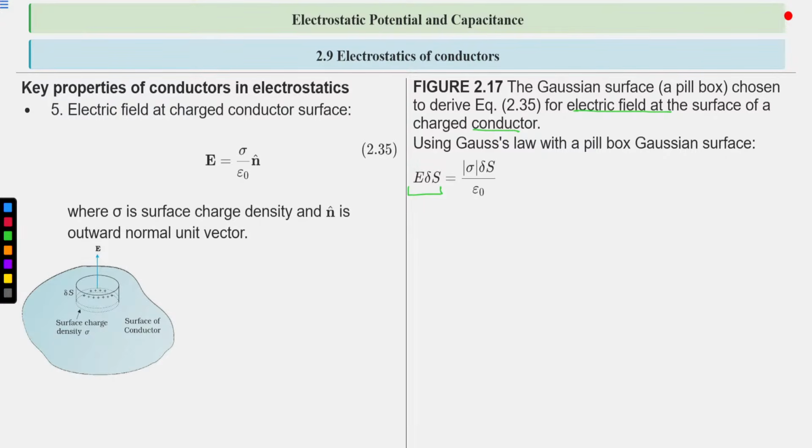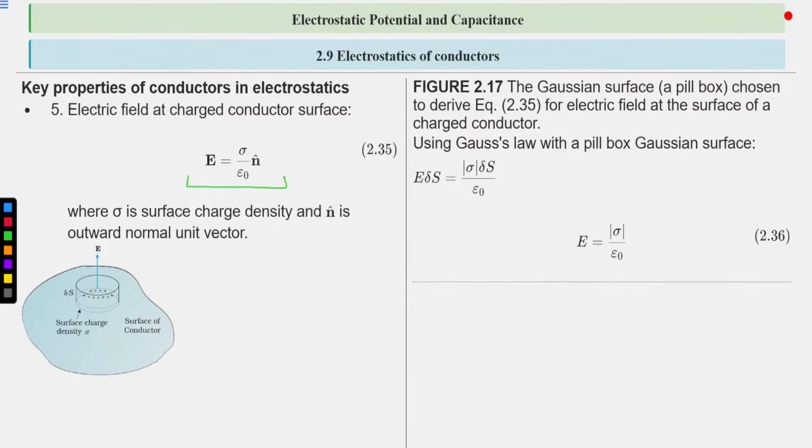The charge enclosed by this pillbox is sigma, the surface charge density, times the area of this small circular section, upon epsilon naught. So delta S cancels out and results in E equal to sigma by epsilon naught. This is the same result.